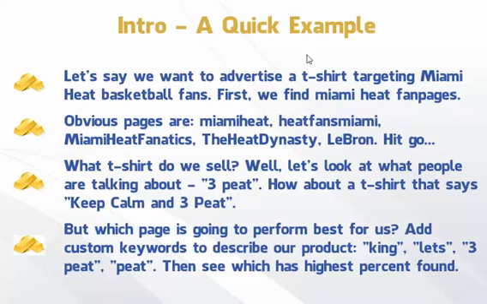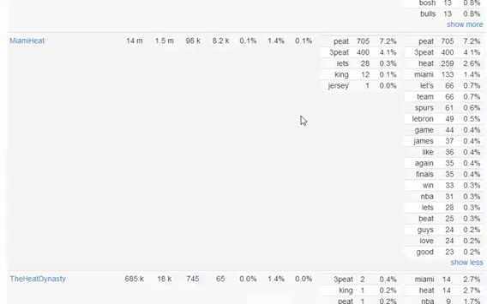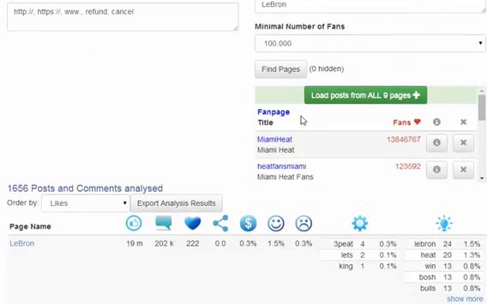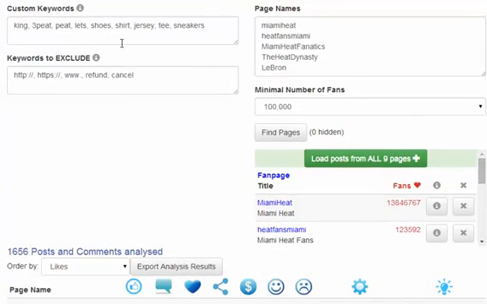Well, what we can do is take some of the words that describe our product. At this point, I've already done this research previously, and I've come up with a list of words that I think describe the kind of product we would want to sell. So I'm thinking of including a slogan which has either the word three-peat or peat in it. I've included "let" because it seems to appear quite a bit on team pages, and it's kind of an inclusive thing, getting behind your team.